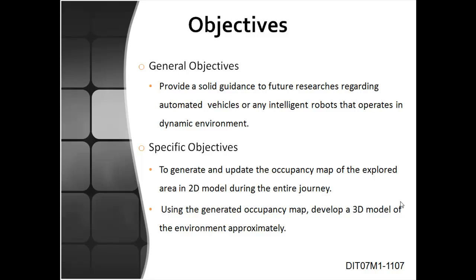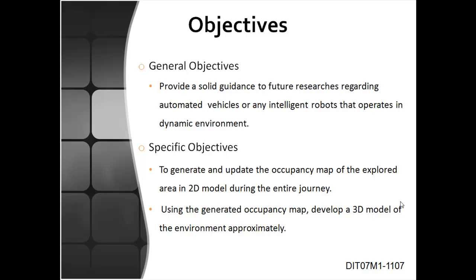And also we have specific objectives. Those are to generate and update the occupancy map of the explored area in a two-dimensional model during the entire journey. Using this occupancy map, the system is capable of developing a simple 3D model of the explored environment. This feature is very useful.